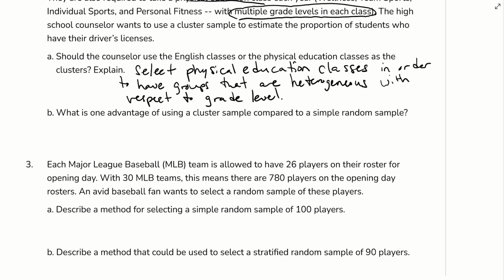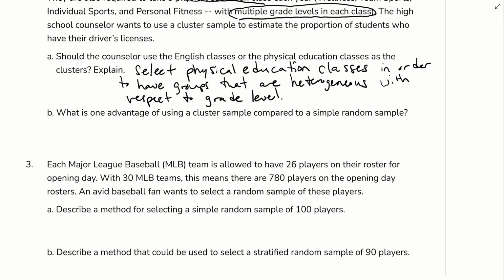Okay, so what is one advantage of using a cluster sample compared to a simple random sample? There are certain situations where doing a cluster could have its advantages, right? The reason why we tend to do cluster samples is that it's convenient, right?